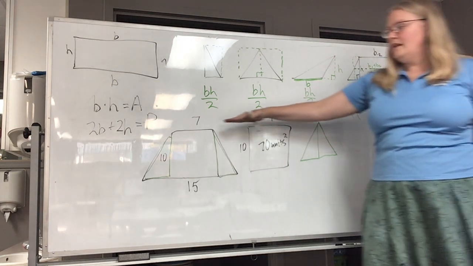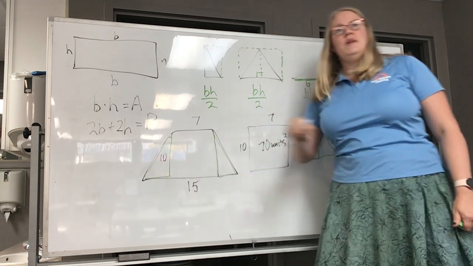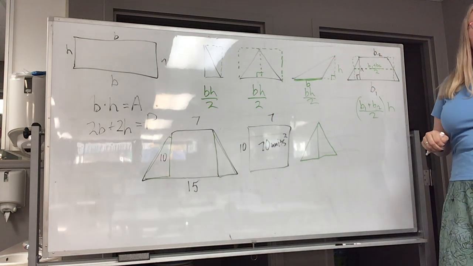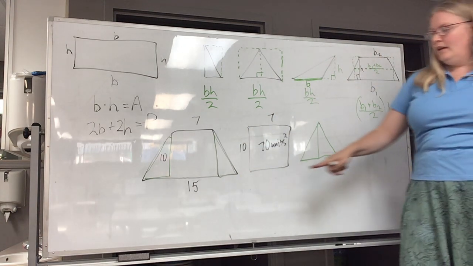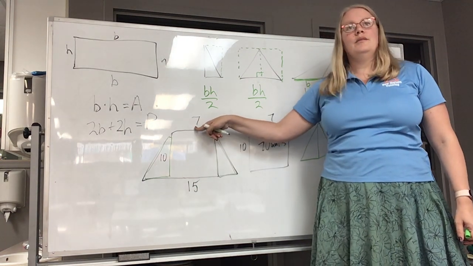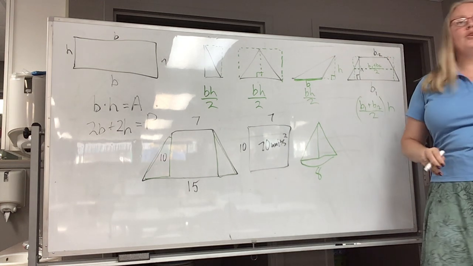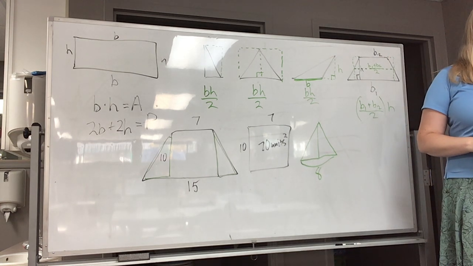We have no idea how much is on each of these two pieces. But we know that together it has to be 15 minus 7. And so there's 8 left over for that base.